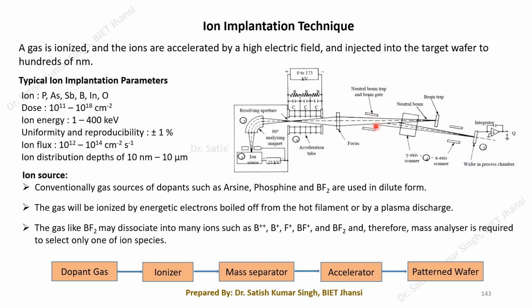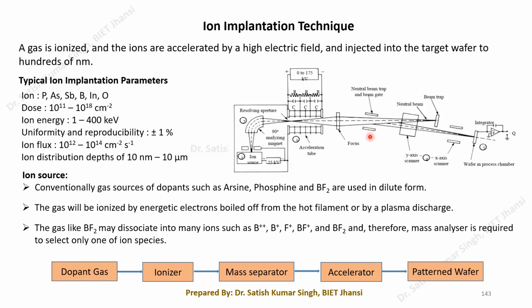The effect of electrostatic potential can only be made on a charged particle. If we have a charged ion, then only its path can be controlled: we can accelerate it, we can control it, we can scan it. Otherwise, if it becomes neutral, we cannot track these neutral atoms.